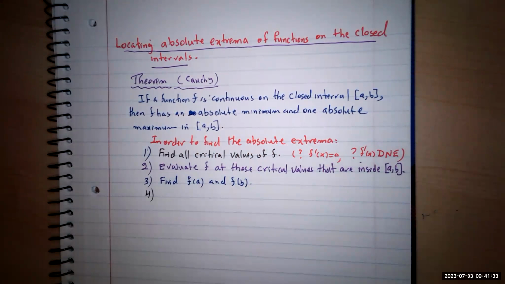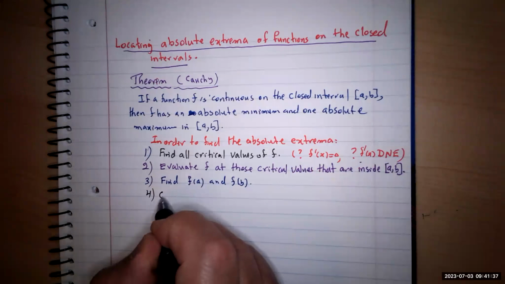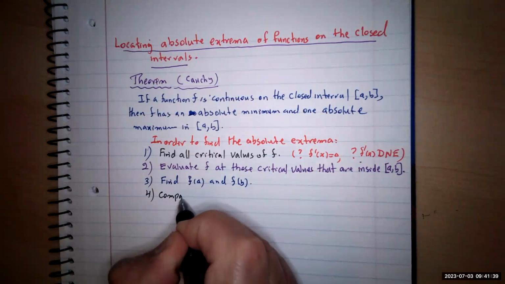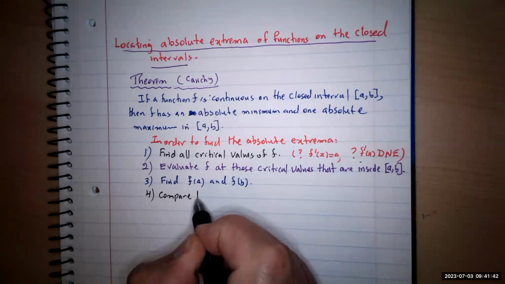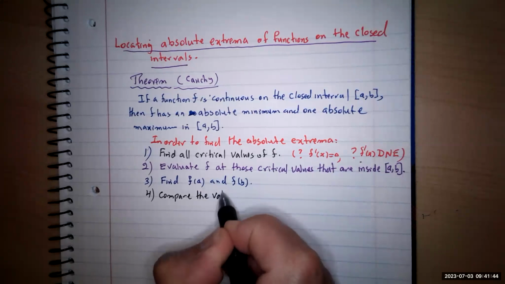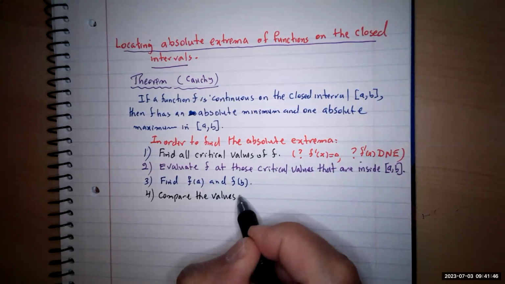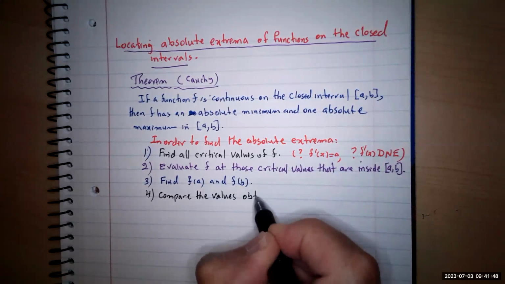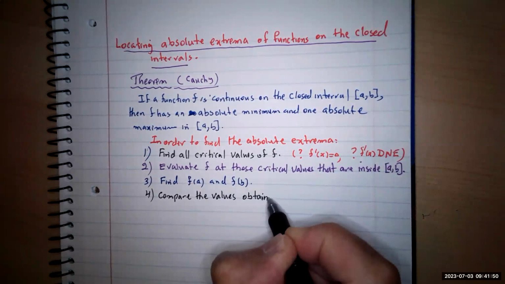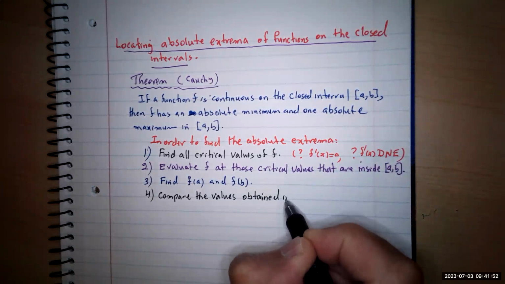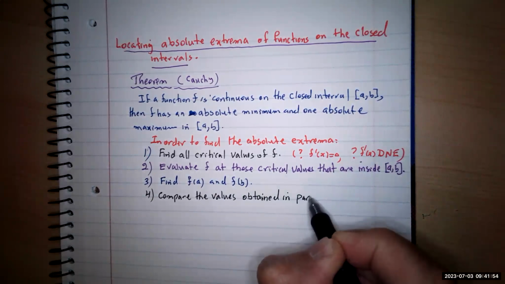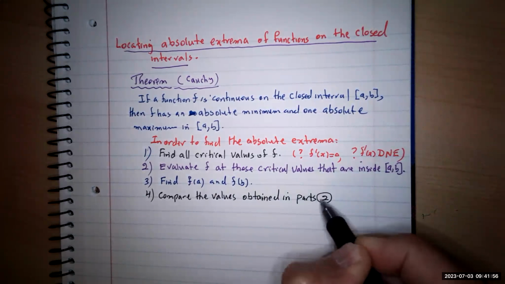The largest value is the absolute maximum, the smallest value is the absolute minimum. That's it. Compare the values obtained in parts 2 and 3.